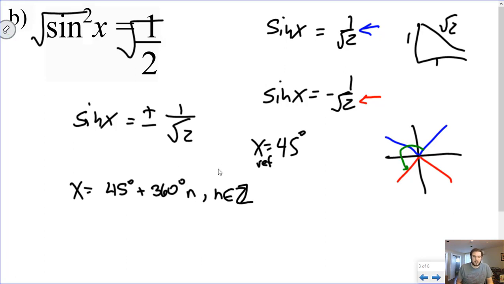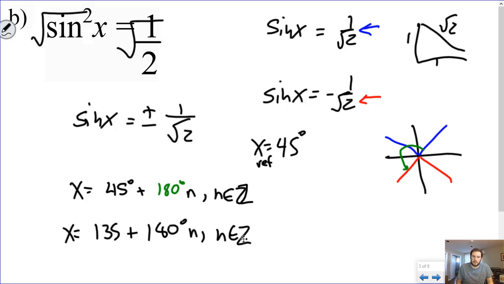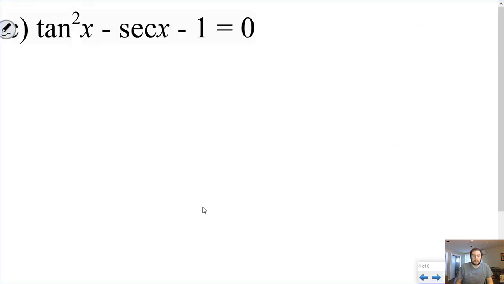So with this question, it's not going to be 360n, it's actually going to be 180n, because that's how much we need to go to get to my next answer. Same thing is going to be true with this one. X is equal to 180 minus 45, which is 135, plus 180n, where n is an element of the integers. Okay, so let's keep going.